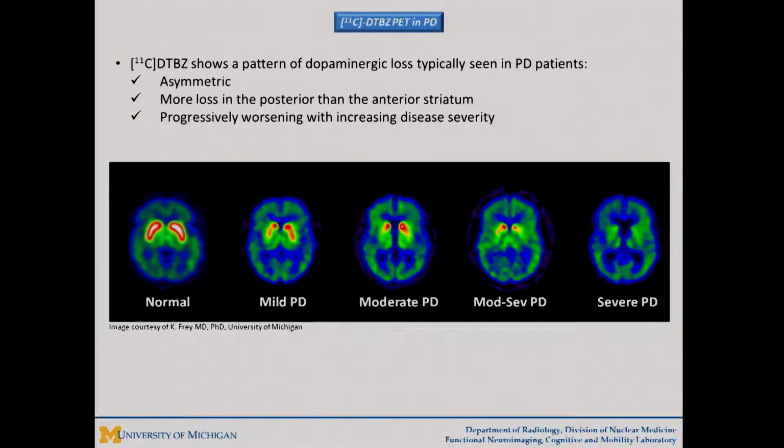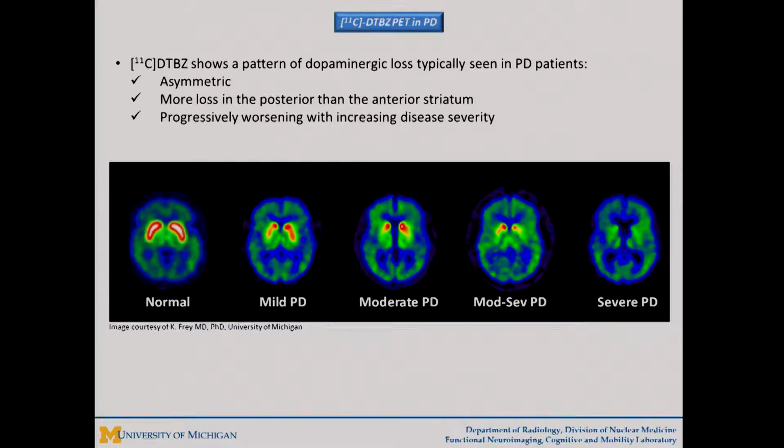That is what is affected in Parkinson's disease. If you look at somebody who doesn't have Parkinson's disease, it's red hot, it's white, so there's a lot of activity going on. That means there's a lot of dopamine in the striatum.